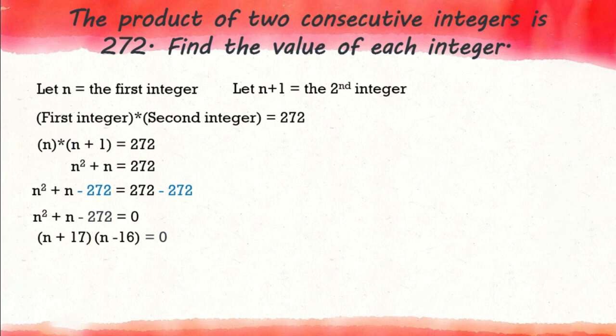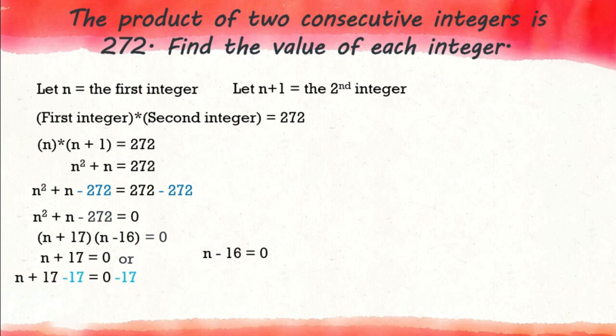Equate each factor to 0. So we have n plus 17 equals 0 and n minus 16 equals 0. Use additive inverse property. Opposite of positive 17 is negative 17. So we have n plus 17 minus 17 equals 0 minus 17.